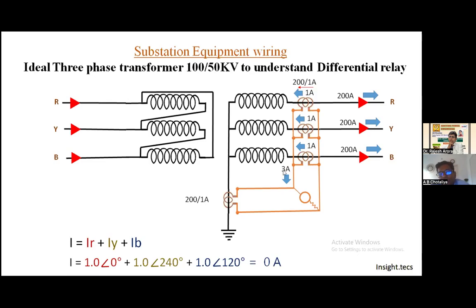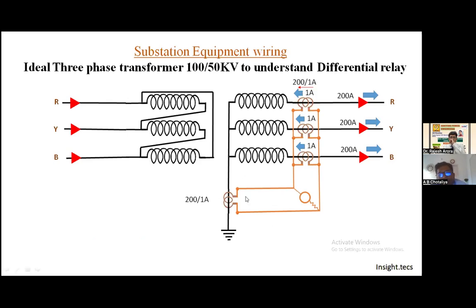So here the ampere will be 0, and in the neutral the ampere is always 0 in the normal system, right? So the current passing through this circuit will be 0.